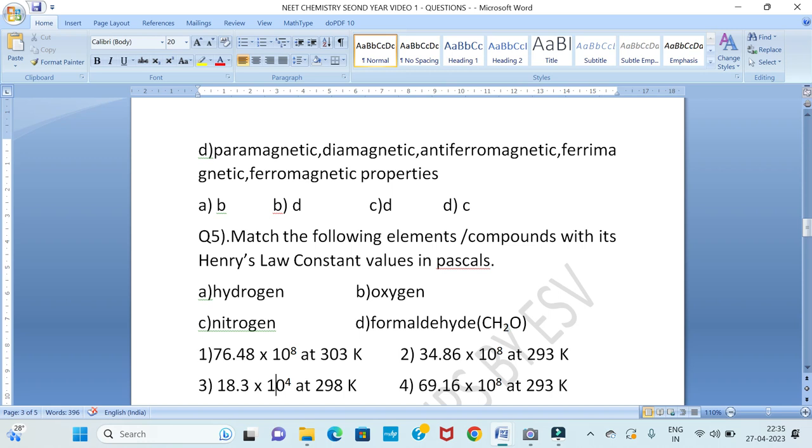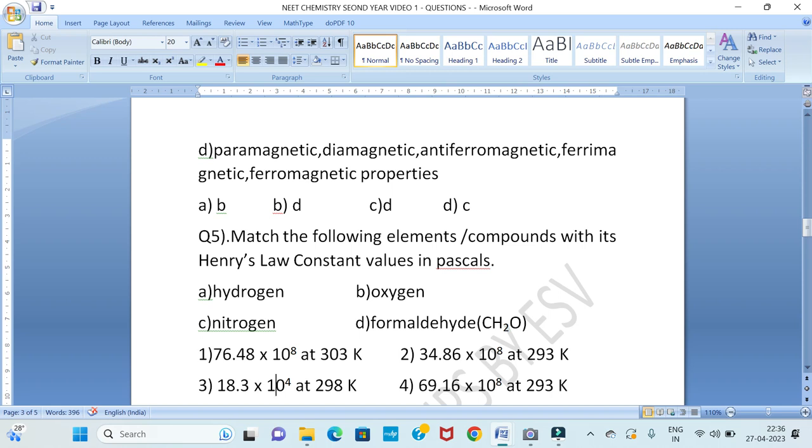In your book, the values are given only in kilobars, not multiplied by 10 to the power of 8. But the examiner will sometimes ask in pascals. So you have to know 1 bar is 10 to the power of 5 pascals and 1 kilobar is 10 to the power of 8 pascals.